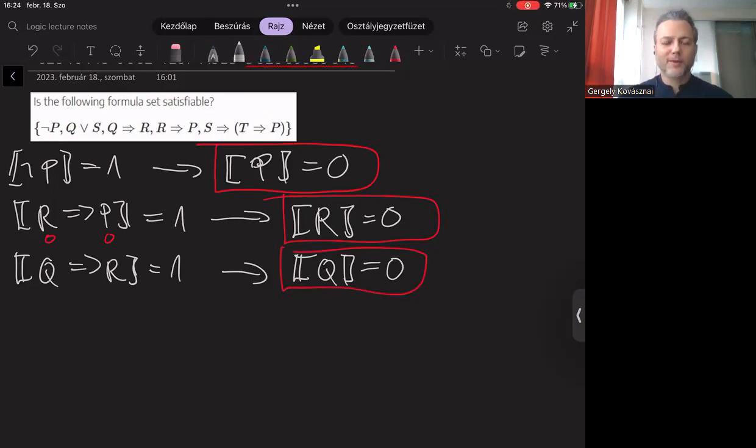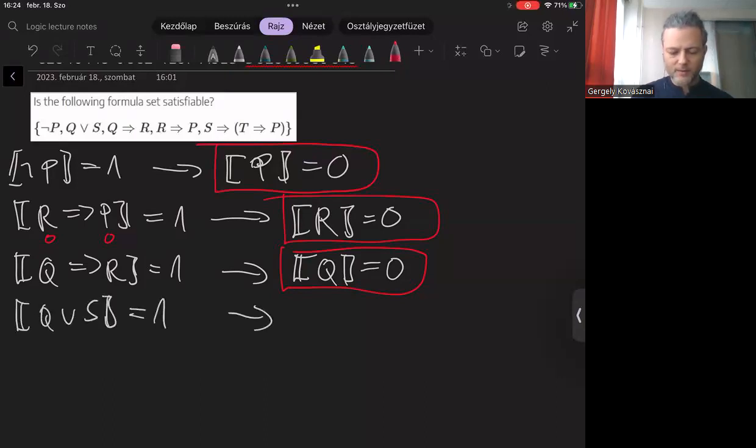Let's pick the shorter one, especially because it contains Q. So the shorter one is Q or S. And since we know that Q must be 0, there is no other way to make this disjunction true than to set S to 1, right? So yeah, 1 should be assigned to S.